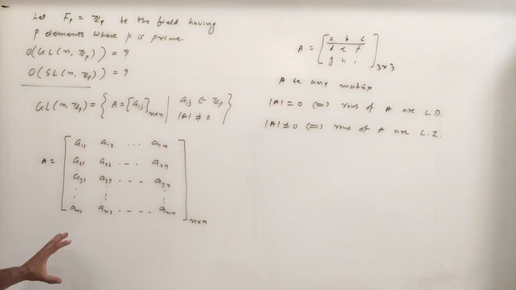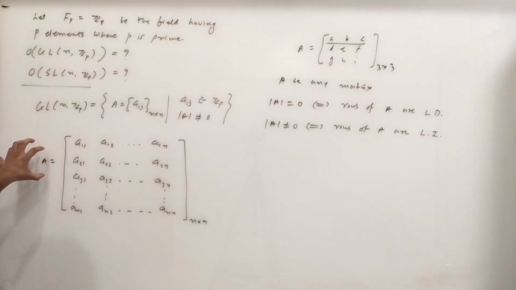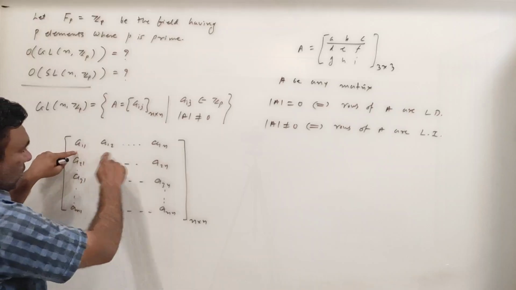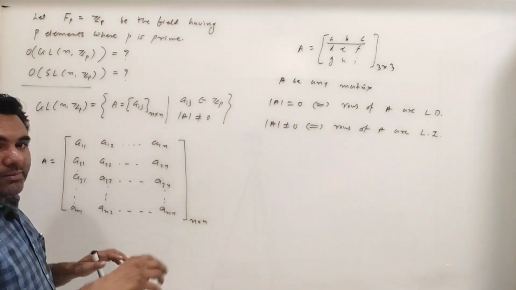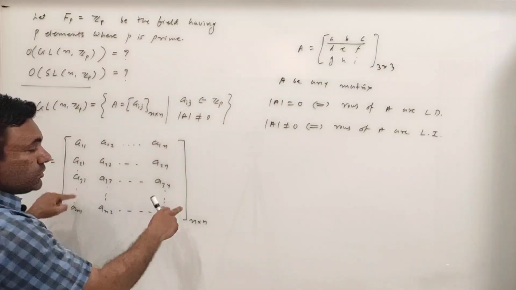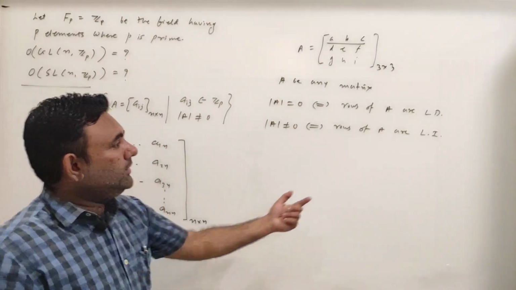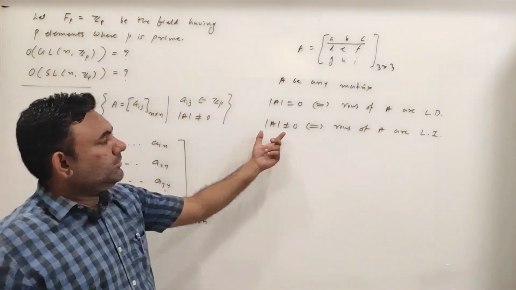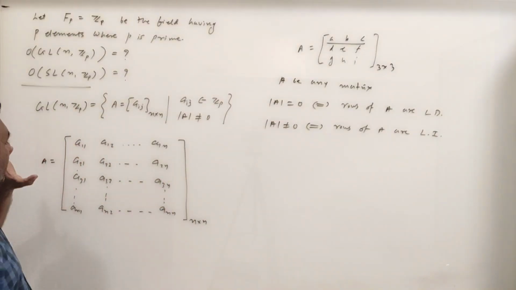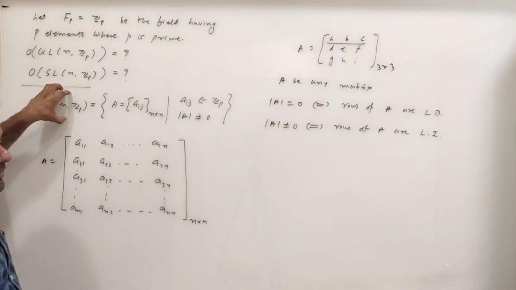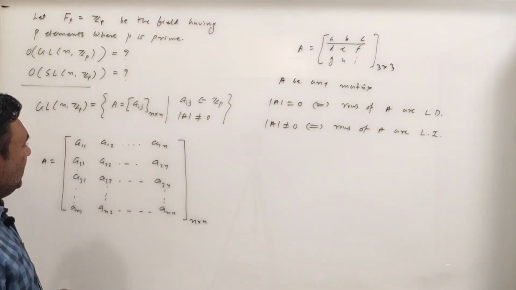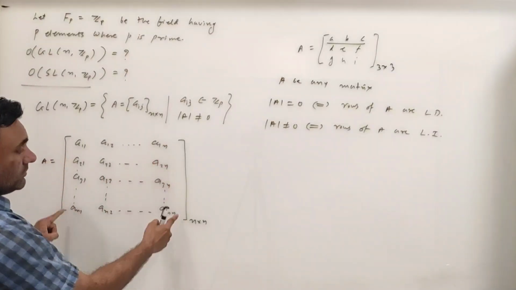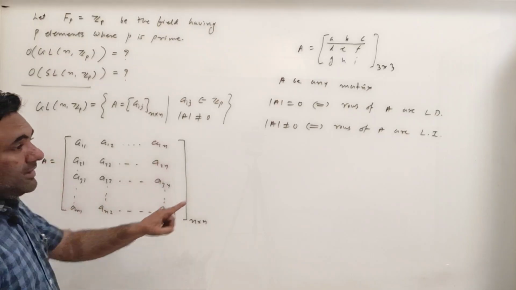Ultimately, for the determinant of A to be non-zero, what do I have to do? You choose the rows. Instead of choosing elements, now I will choose rows so that all the rows are linearly independent. If all rows are linearly independent, then my determinant of A will be non-zero. So to find how many elements are in GL_n(Zp), the problem is converted into the question of how many ways I can choose these n rows so that all the rows are linearly independent.